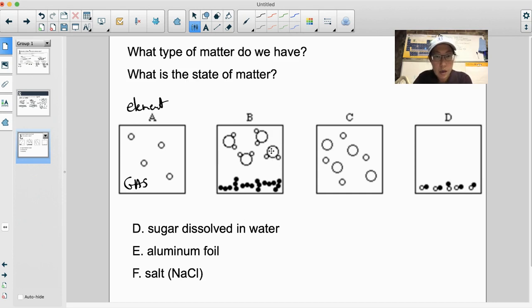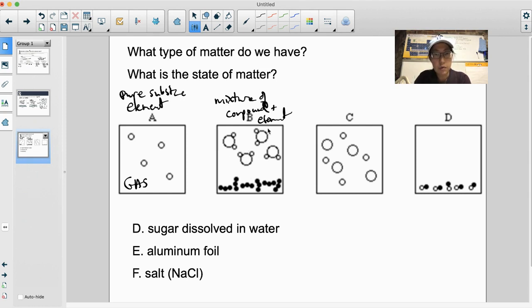For B, this first thing right here looks like a molecule with different atoms in it. And the other thing is down here, I see some completely different type of atom on the bottom, but these atoms are all the same. So I would say that this is a mixture of a compound and an element.